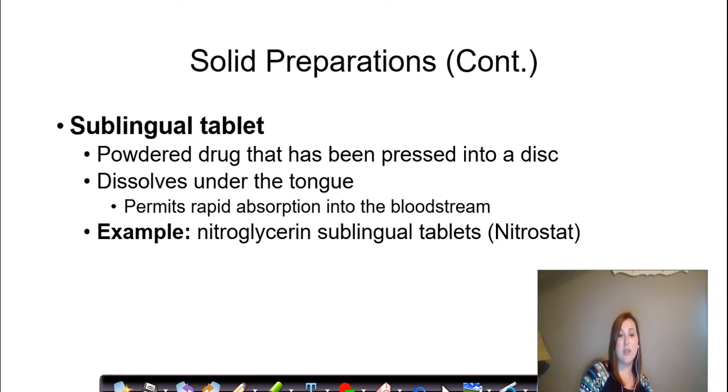So if someone comes into the emergency room, they might give them nitroglycerin to help their heart. They would probably give it IV though. Well, it just depends on the situation, but patients can keep those at home with them, and if they have chest pain, they can put a nitroglycerin under their tongue. The goal is to dilate the vessels to help with chest pain.